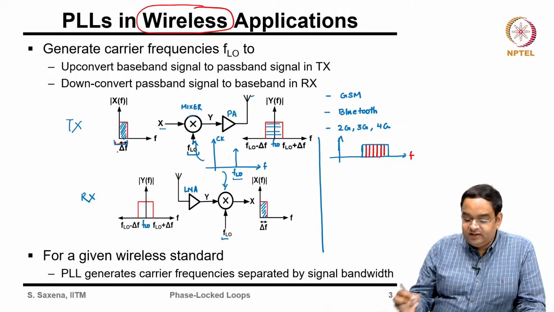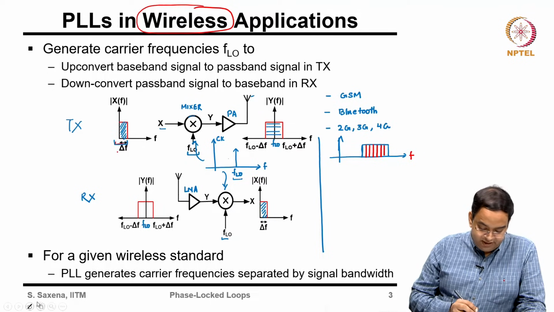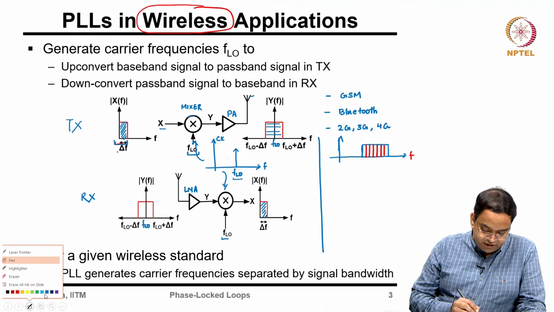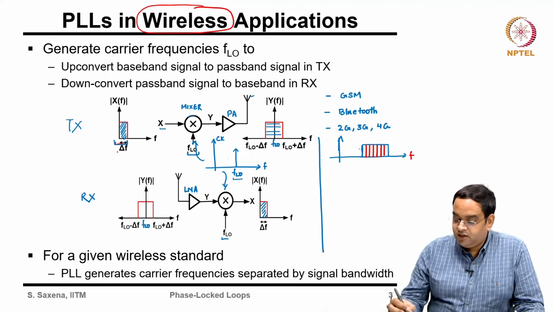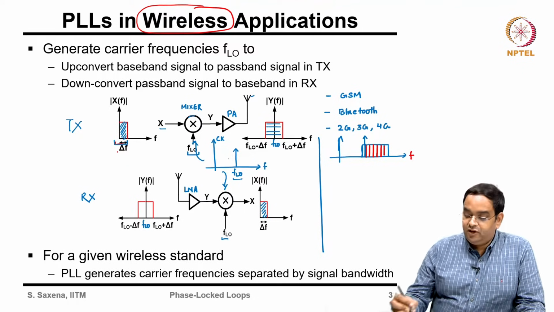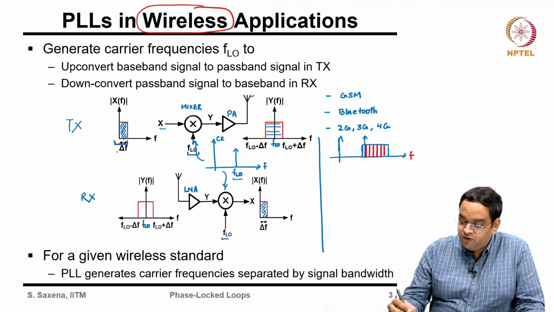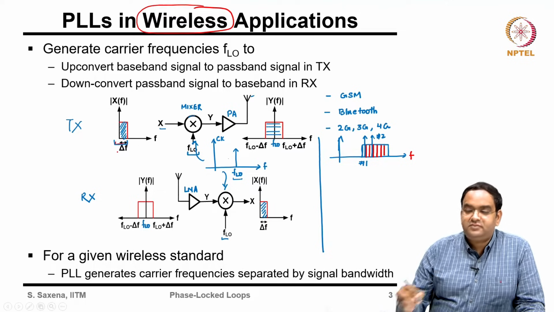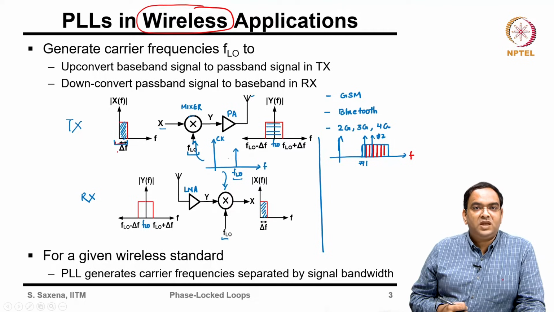Now, within this band, what will happen is each user, whichever user is using GSM in a given area, will be allocated the frequency band. So, you will have user number 1 here, then you can have maybe user number 2 and so on. Okay.